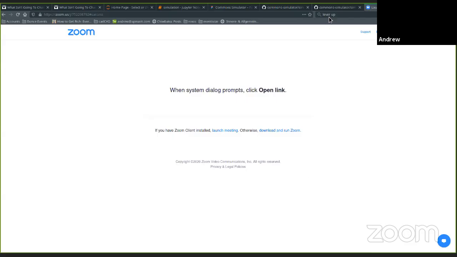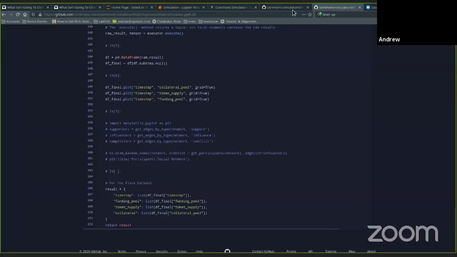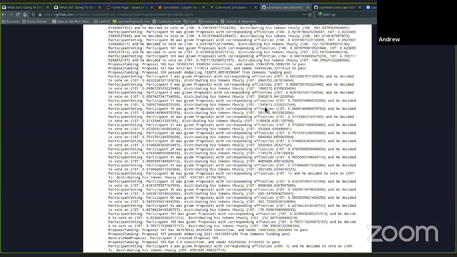Hi, we hear you. Okay, I want to share my screen. Firefox, I guess. Okay, can you guys see? Yep.